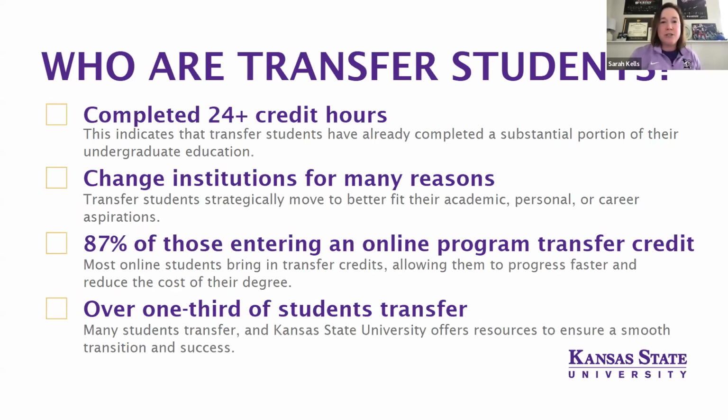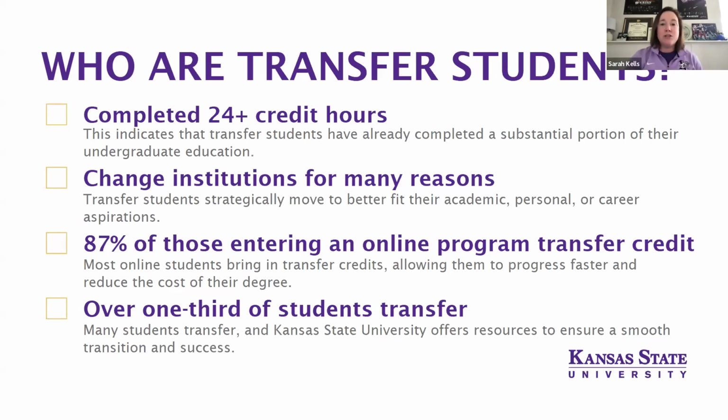Just another reminder to ask questions as we go through in that Q&A box. But we'll go ahead and start with identifying transfer students. Who are our transfer students? So here at K-State, anyone who has completed 24 or more credit hours is considered a transfer student. If you have less than that, you would be considered a freshman.